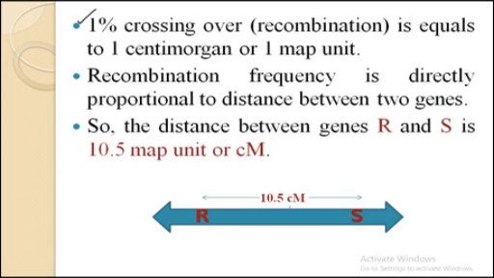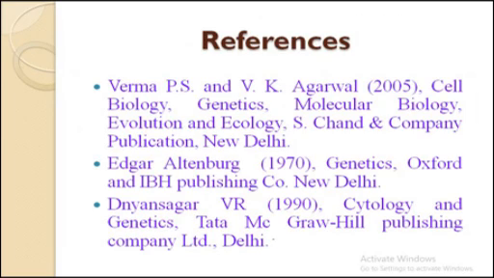We can use centimorgan or map unit as a unit to measure distance between two genes. In this way we can construct a gene map, or measure the distance between two linked genes present on the same chromosome. So this is all about construction of a gene map.